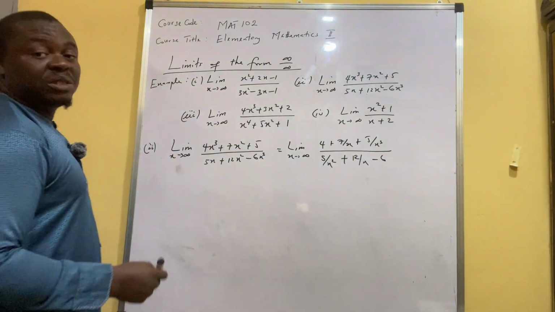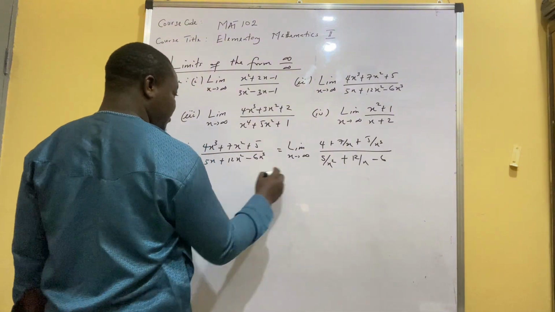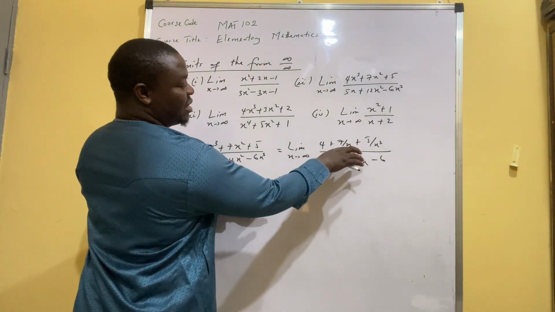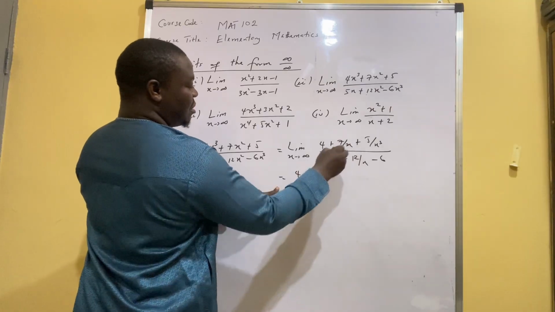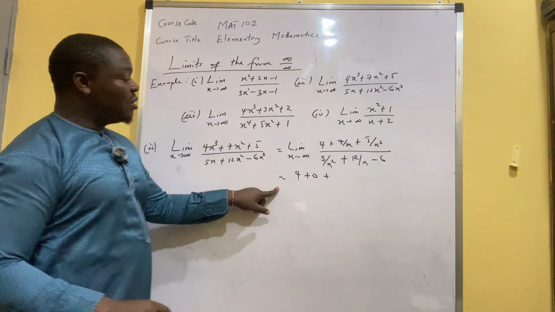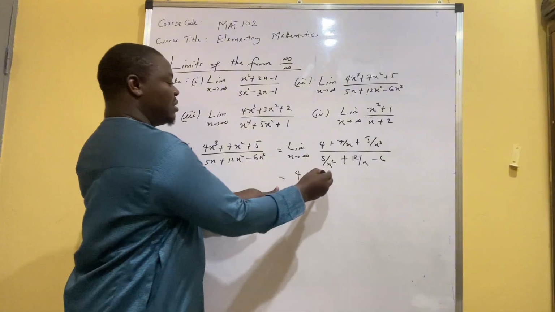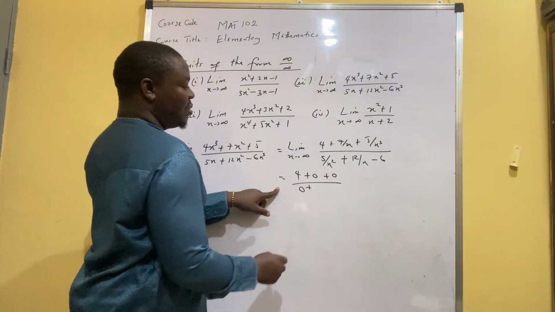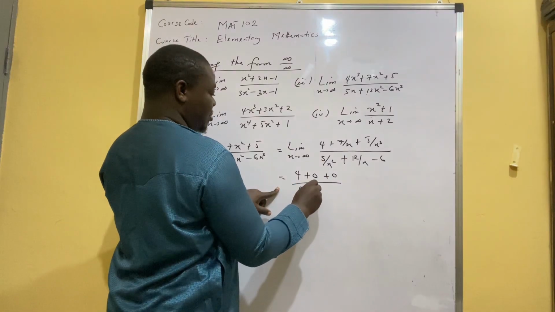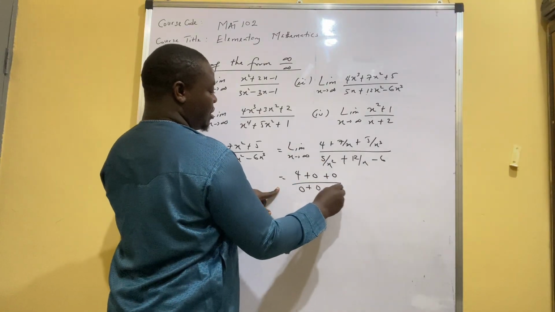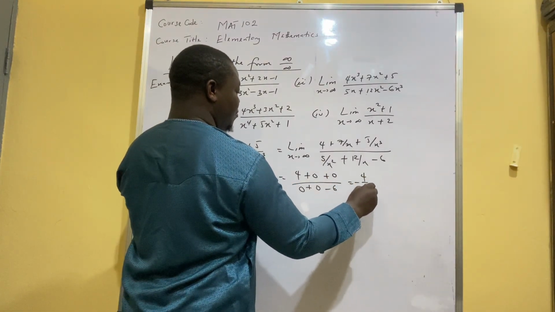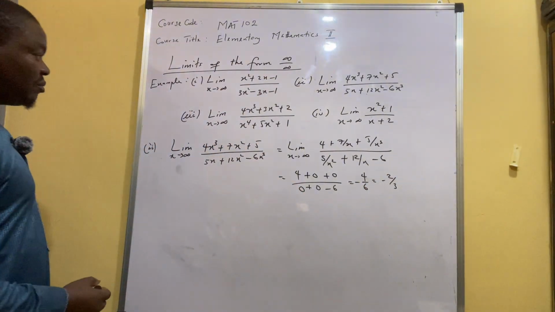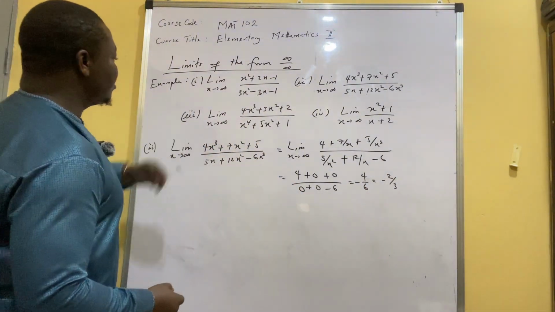Substituting infinity, 4 is just a constant term, plus 7 over infinity gives 0, plus 5 over infinity cubed still gives 0, divided by 5 over infinity squared which is 0, plus 12 over infinity which is 0, then minus 6. To simplify, this gives 4 over minus 6, which equals minus 2 over 3. Alright, we move on to the next one.